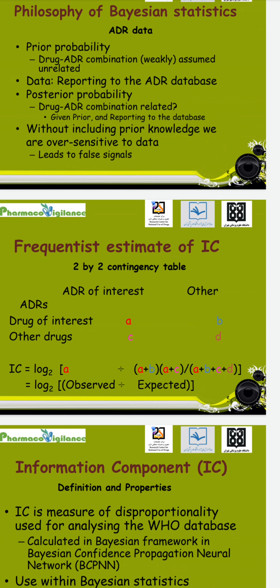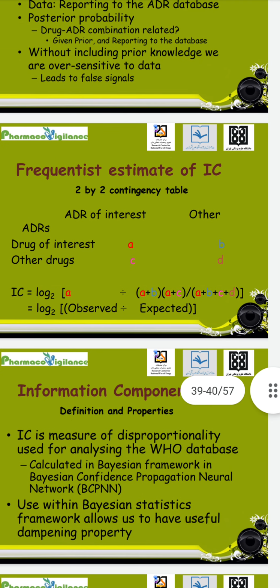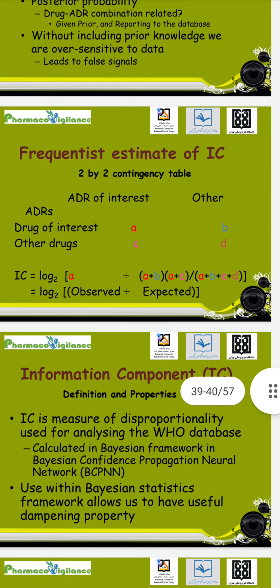Frequentist estimate of IC uses a 2 by 2 contingency table, with the ADR of interest and other ADRs.